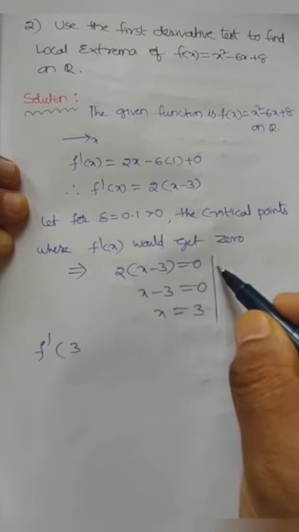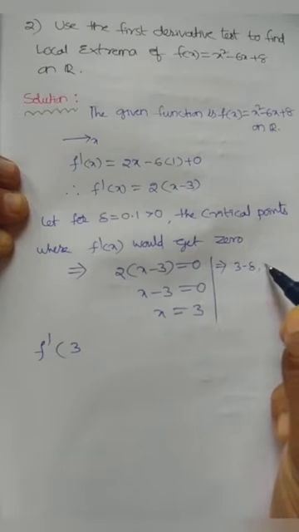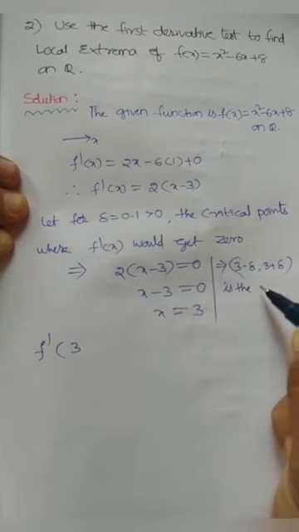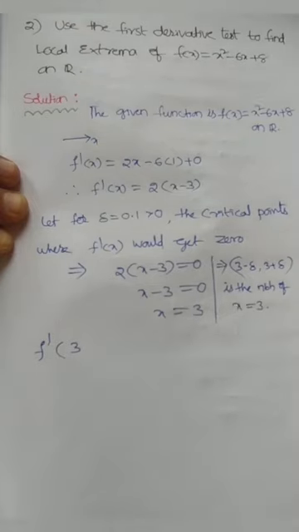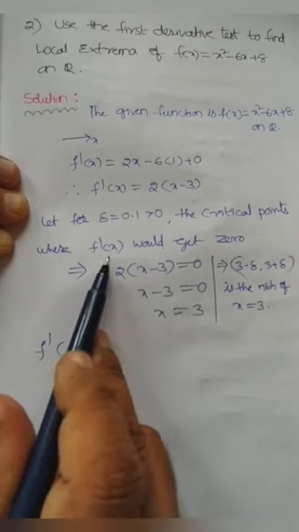It implies 3 minus delta comma 3 plus delta is the neighborhood of x is equal to 3. So now I am checking this interval for f dash of x.